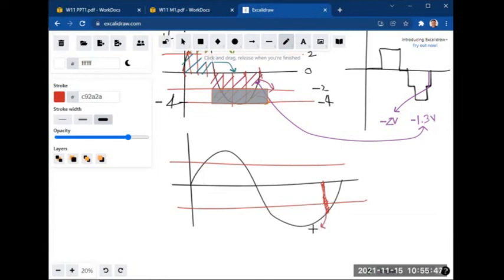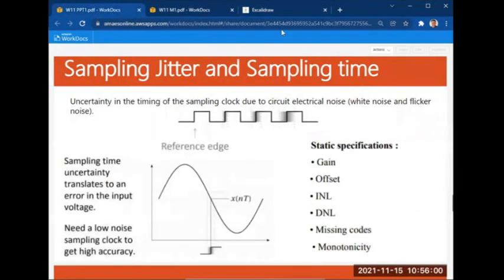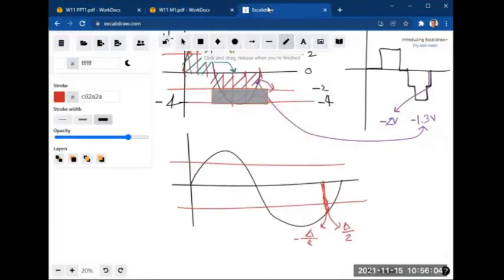So this is our x min and this will be our x max.